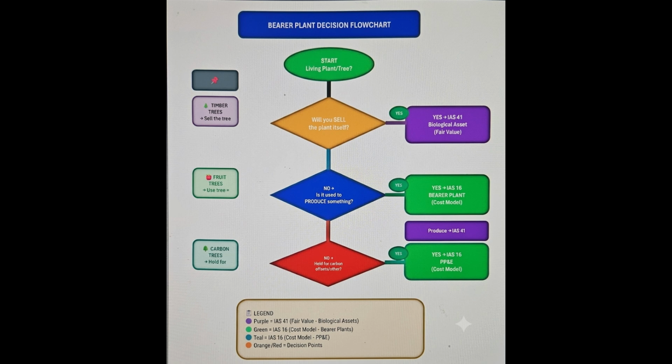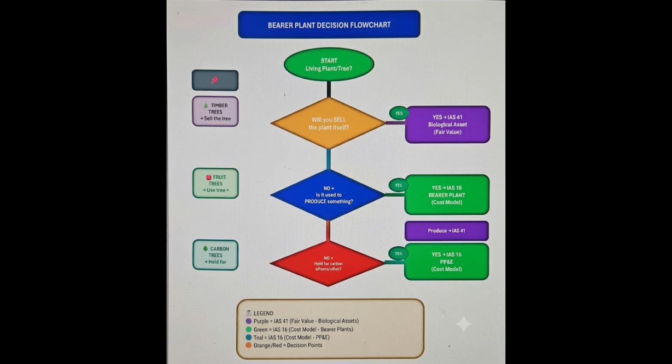Now what if you aren't selling the tree and it isn't producing harvestable agricultural goods? Then we head down to the final red diamond. Is it held for carbon offsets or other reasons? Think about carbon trees or environmental preservation plots.